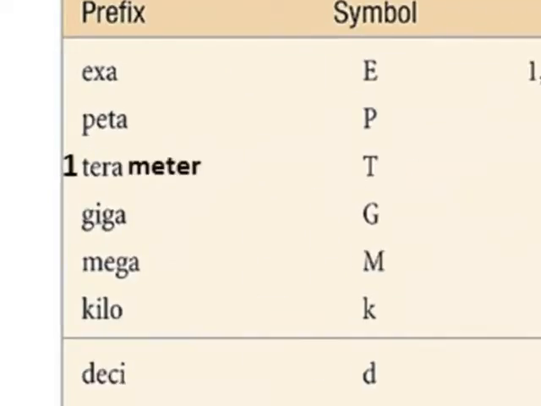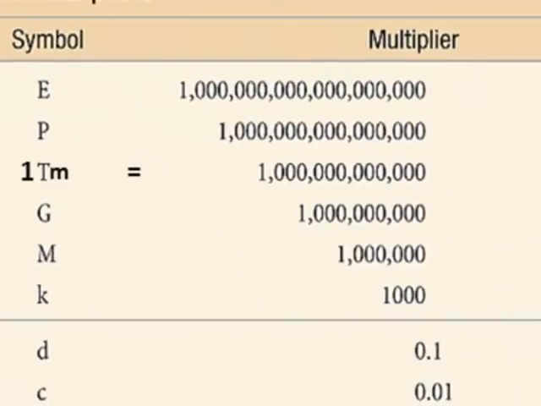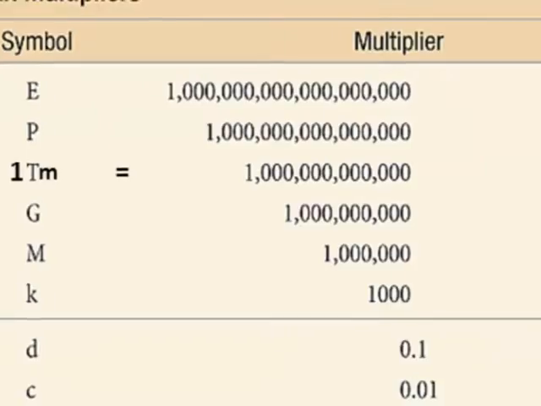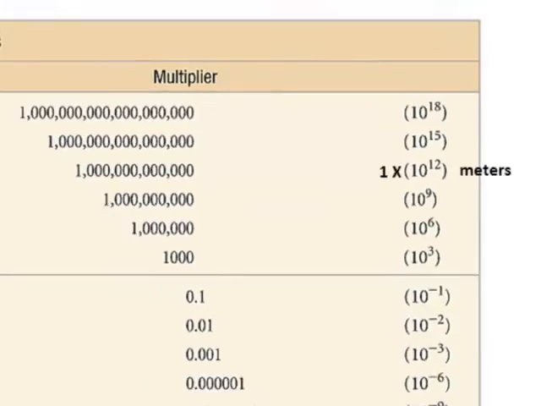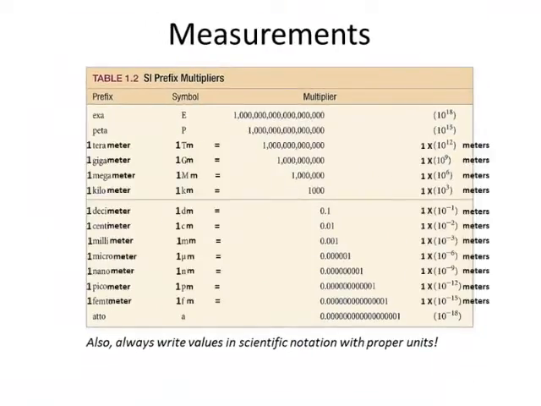So, for example, our 1 terameter again, 1 capital T sub m, would be equal to 1 trillion meters, or the way we could represent that is 1 times 10 to the 12th meters. And if you notice here, we've got 10 raised to the power of the number of zeros. As you look at the rest of these, just remember, as far as scientific notation goes, you always want to try to use scientific notation to represent values.